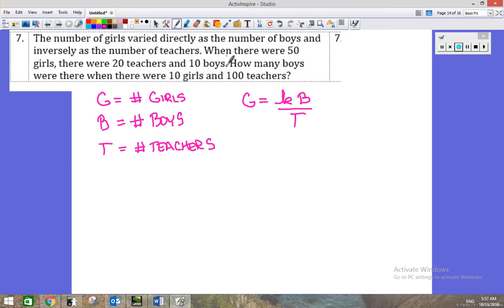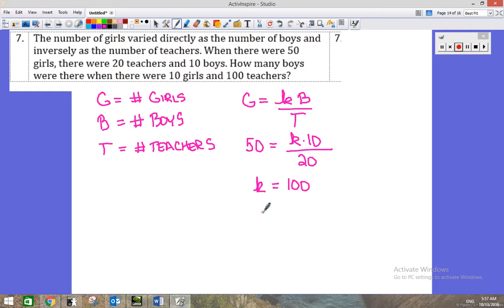Now it gives me enough information to determine the constant. So 10 over 20 reduces to 1/2 if we multiply both sides by 2.